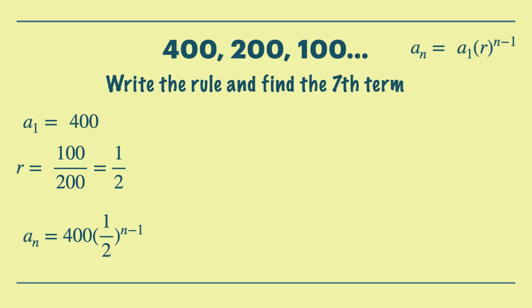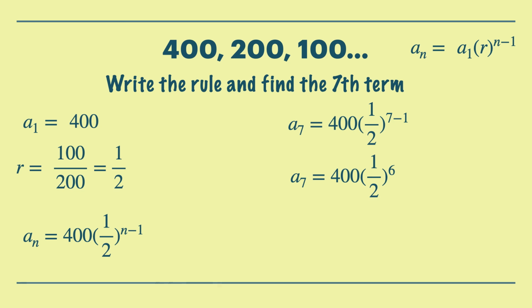Now, remember that in this geometric sequence, my numbers are getting smaller. So to find the 7th term, a sub 7 is equal to 400 times 1/2 raised to the 7 minus 1 power. So 400 times 1/2 raised to the 6th power. Now I'm just raising that 1/2 to the 6th power.